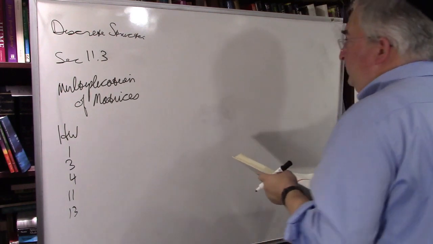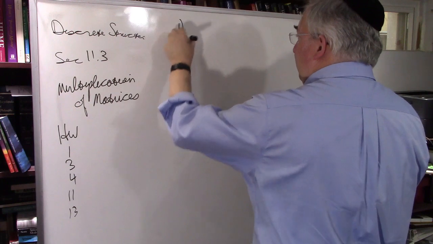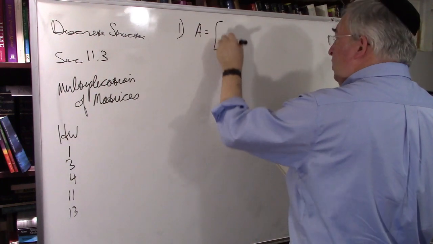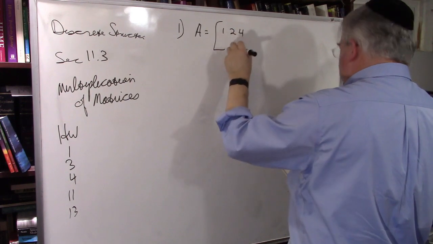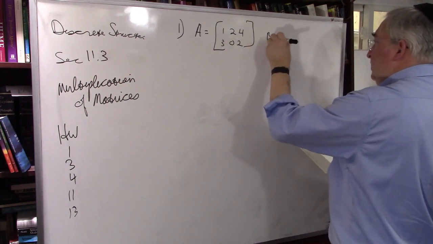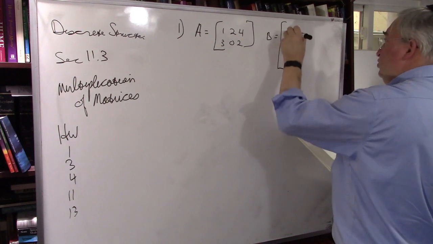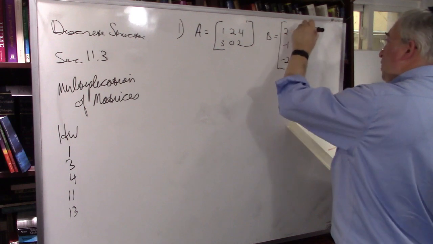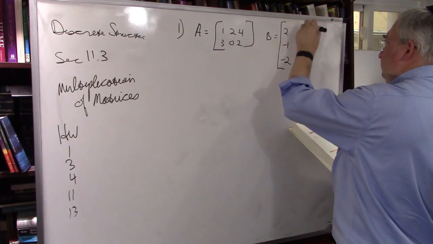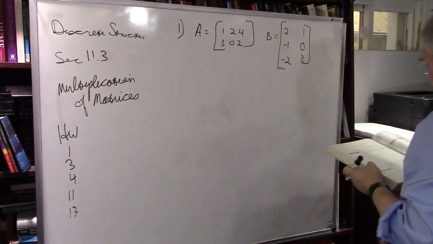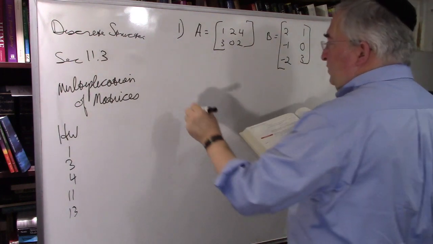Okay, so let's do 1. Ready? Okay, A is equal to 1, 2, 4, 3, 0, 2. B is equal to 2, minus 1, minus 2, 1, 0, 3. Okay, so let's do it.